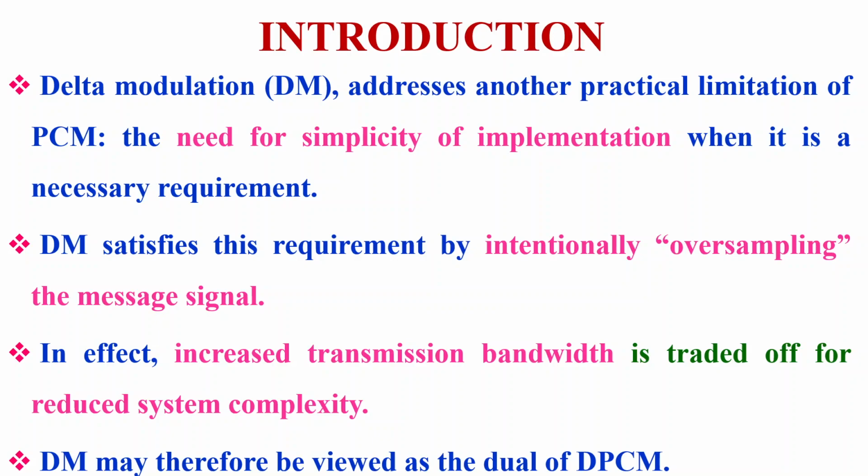In differential pulse code modulation, the difference between two samples, which is very low in amplitude, is coded and transmitted. In delta modulation, we approximate the incoming input signal by a staircase signal.